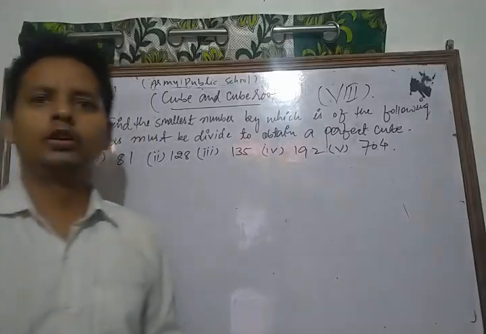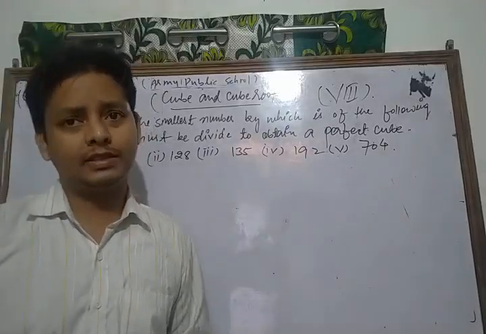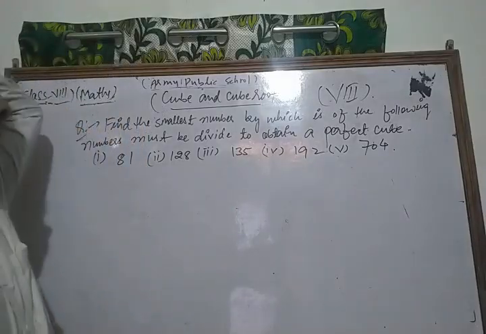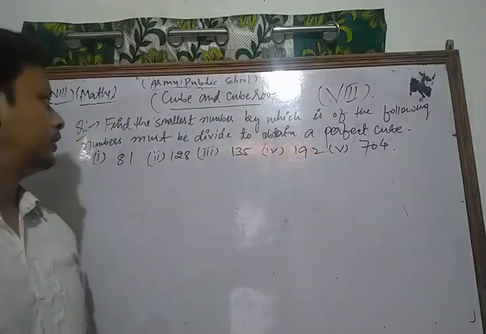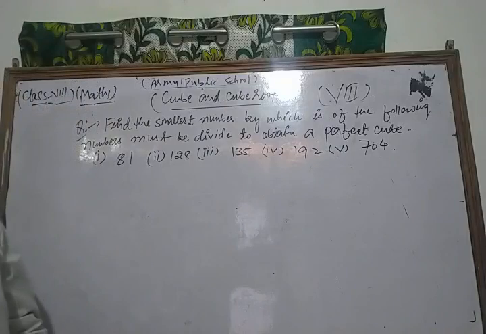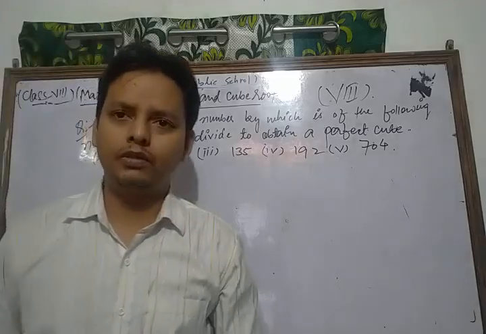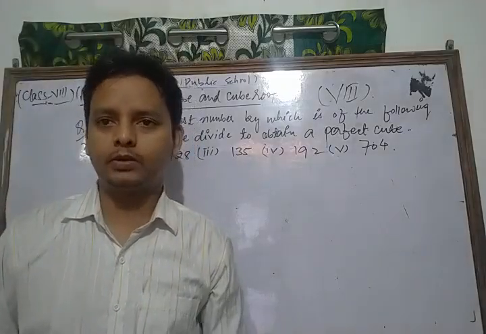Okay, dear students. So for that question, what I do? Let's see. Dear student, here we find the smallest number by which each of the following numbers must be divided to obtain a perfect cube. Dear student, for a perfect cube, you know that I just discussed it.